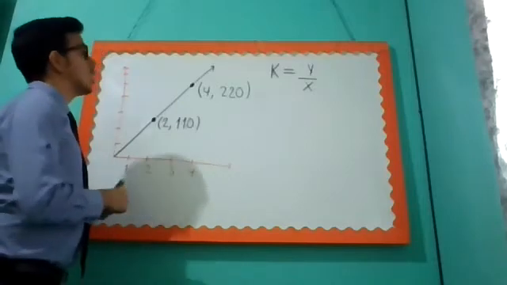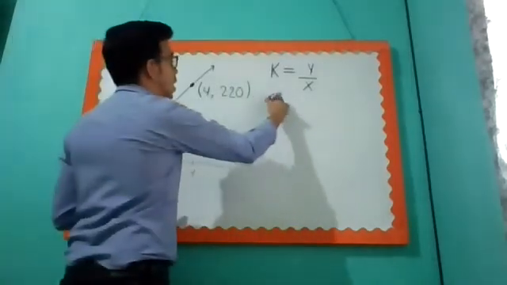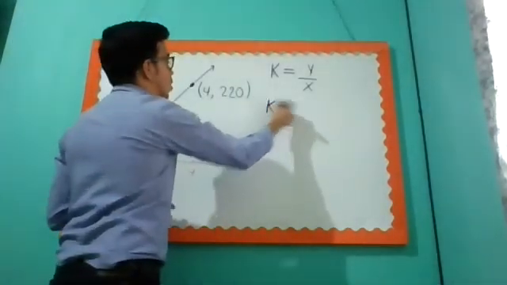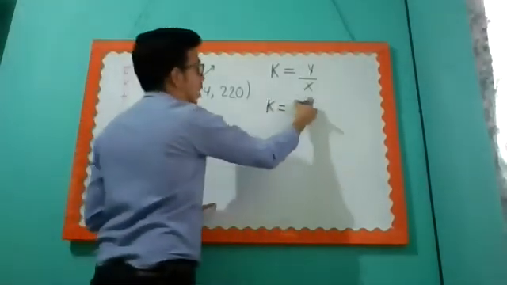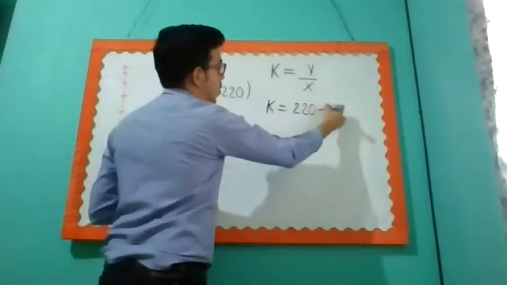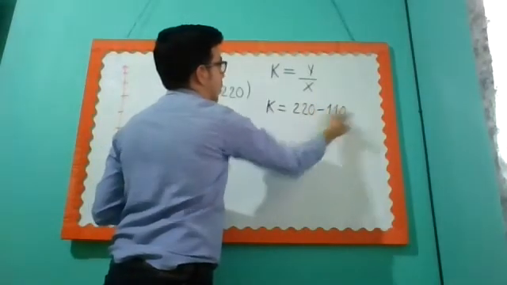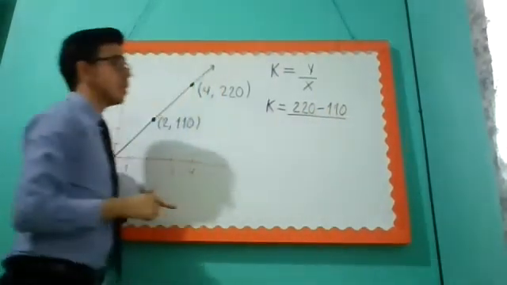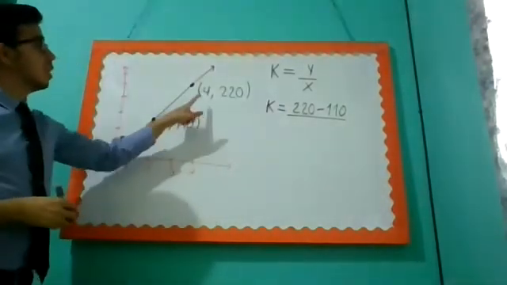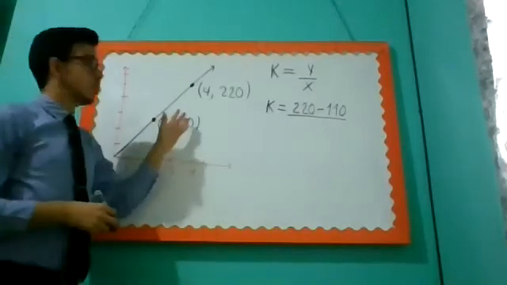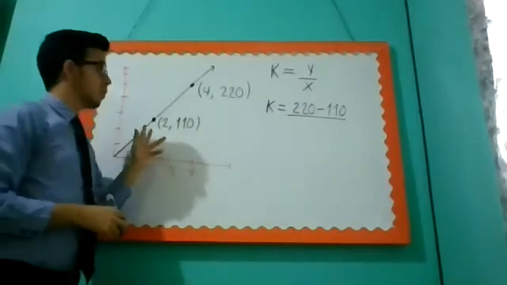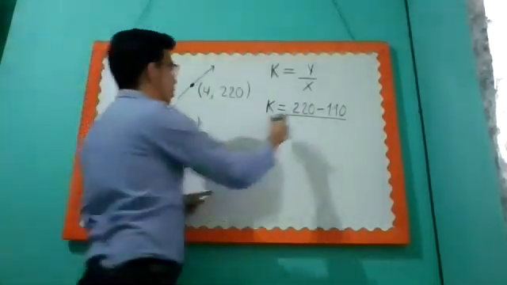So to obtain k, I need to use 220 minus 110, over the part in x, which is 4 minus 2. Remember, I subtract the greater value minus the least one.